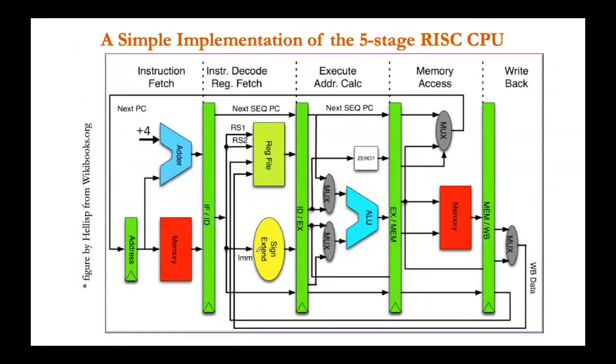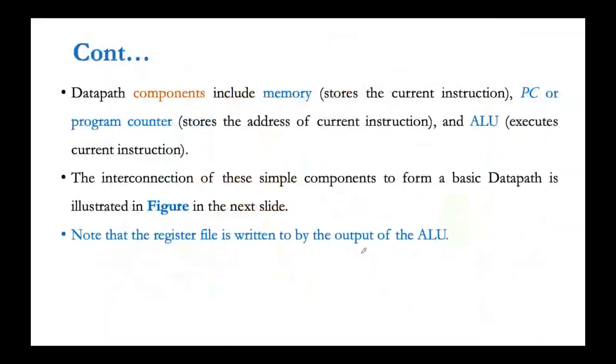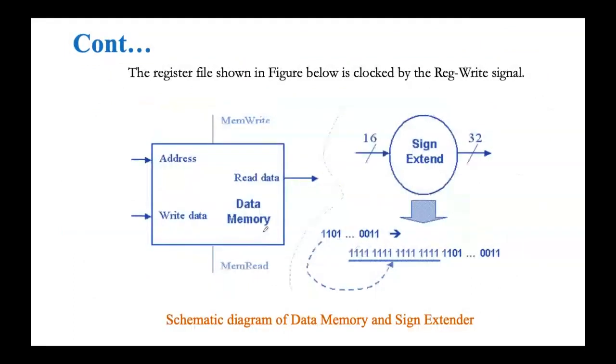The sign-extended output will be given as an input to perform the ALU operation, as well as that address will be given to your data memory as an input. So this is the functionality of your data memory.